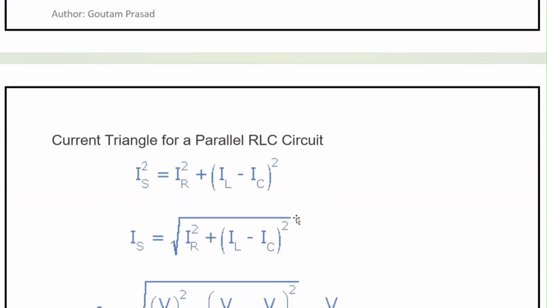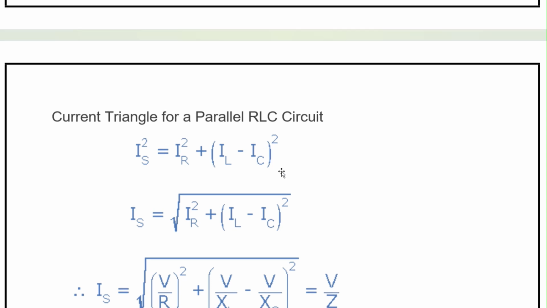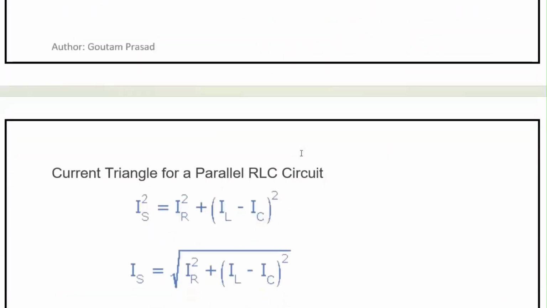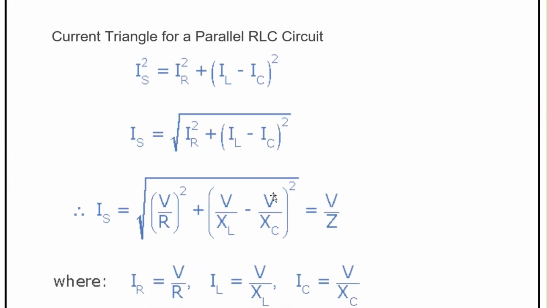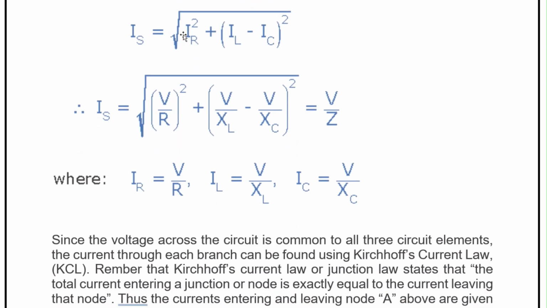So the total current Is square will be equal to IR square plus IL minus IC to the whole square, as per this triangle. This relationship is like this, right? So Is becomes the square root of IR square plus IL minus IC to the whole square. Now if you substitute the value of IR, which is V upon R, to the whole square, within the bracket V by XL minus V by XC, to the whole square.